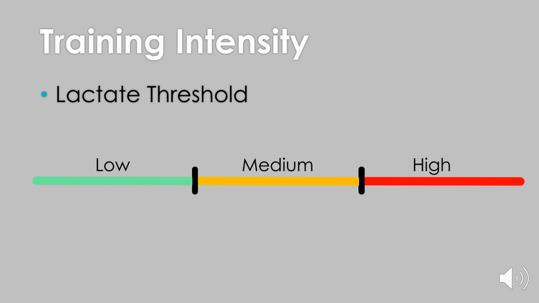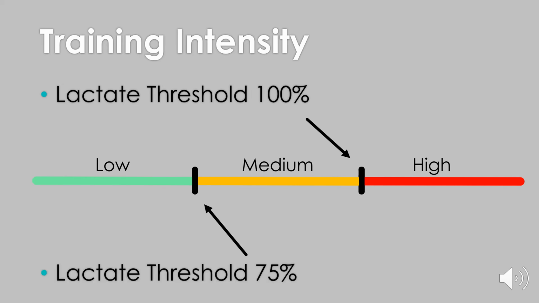The point at which your blood lactate level is even, where the body produces and clears lactate at an equal rate, is between zones 2 and 3. Anything less than that lactate threshold is considered aerobic, while any exercise above this threshold is anaerobic. 75% of that threshold, where the body clears out lactate quickly, is between zones 1 and 2.